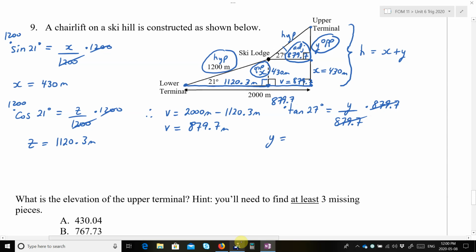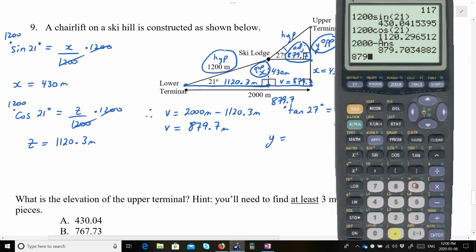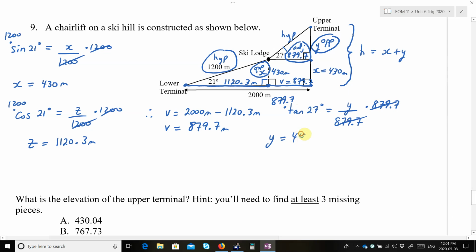And we will get y equals 879.7 times tan 27. We get 448.2 meters. Good. We have x and we have y.